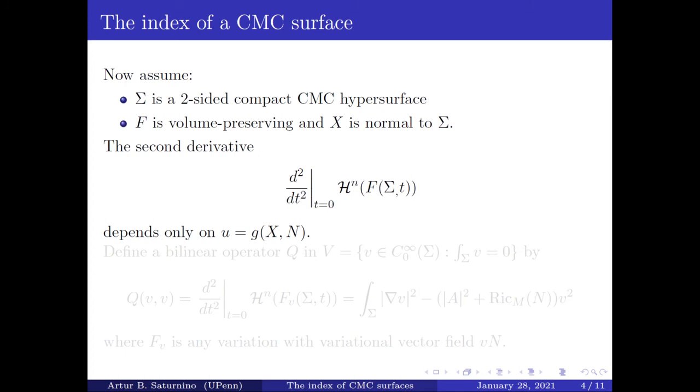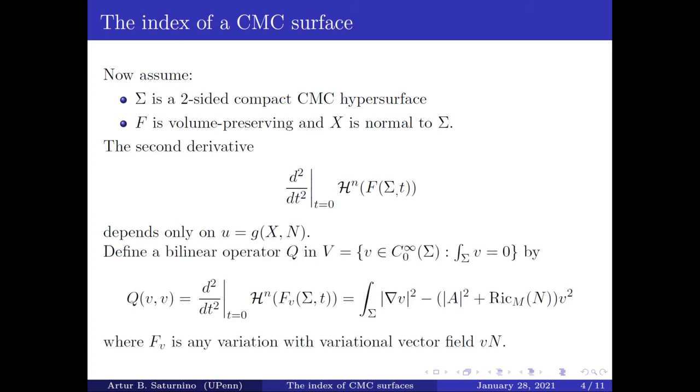Now it turns out that in this case, the second derivative of area at time 0 really depends only on the variational vector field. Using these remarkable facts, we can make sense of this bilinear operator Q. So Q is called the stability operator.